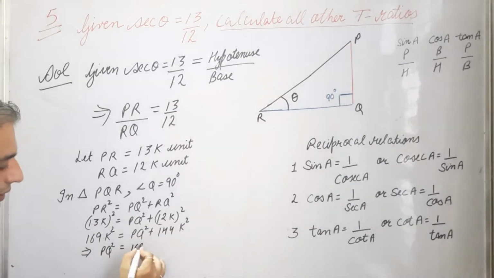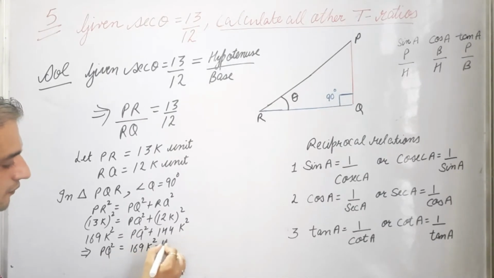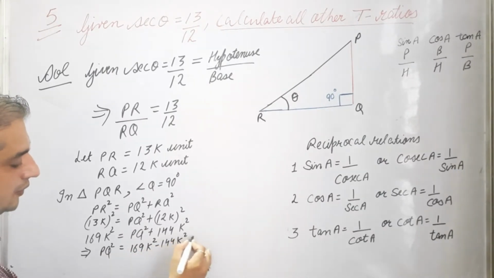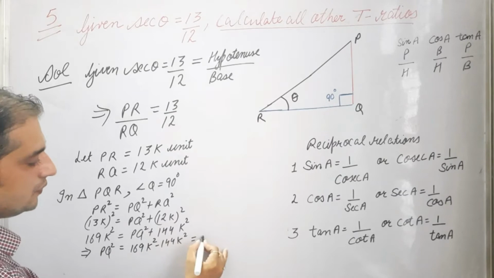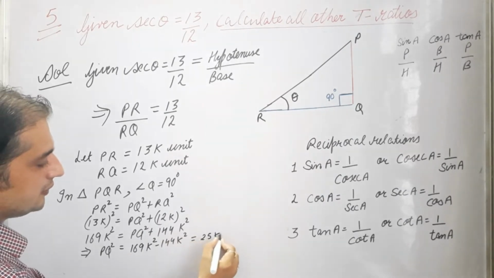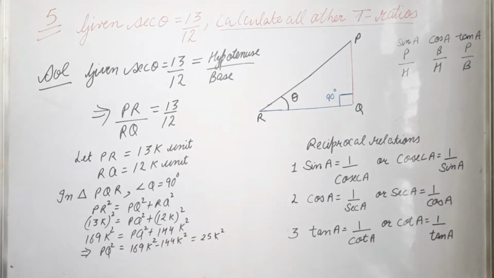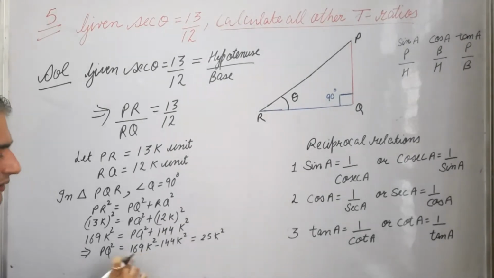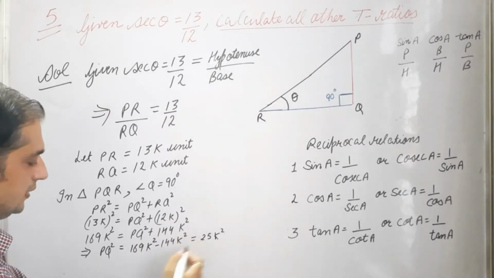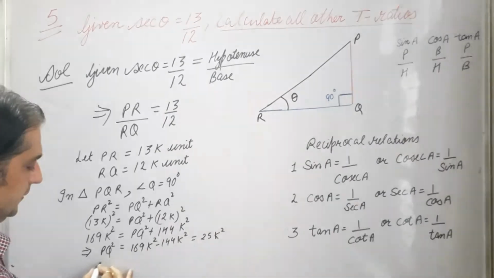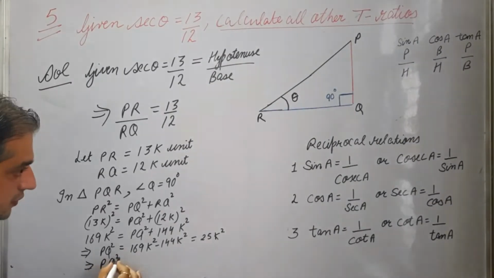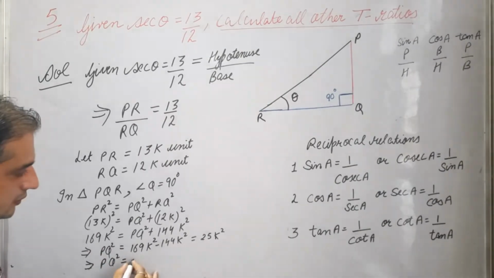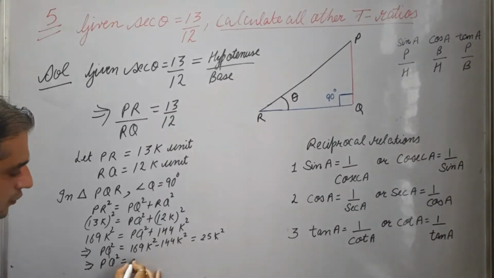So 169K square minus 144K square, just subtract the numbers, you will get 25K square. And it implies PQ square is 25K square.